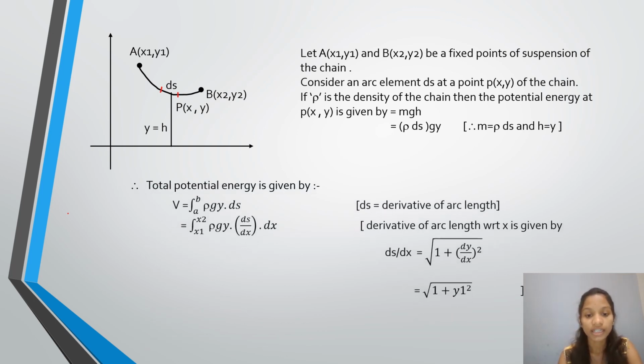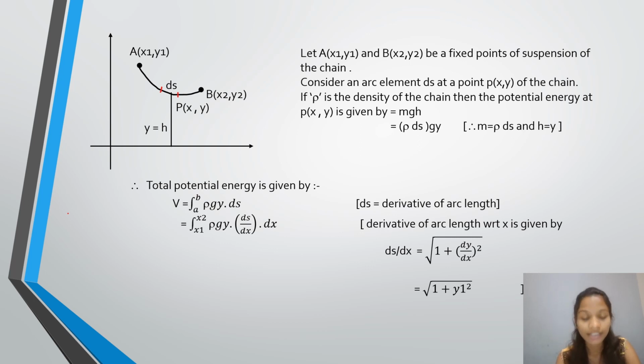Then the total potential energy of this curve is given by capital V. Let us consider capital V as our potential energy, where V equals the integral from A to B of rho g y ds. This is the general equation of any potential energy.